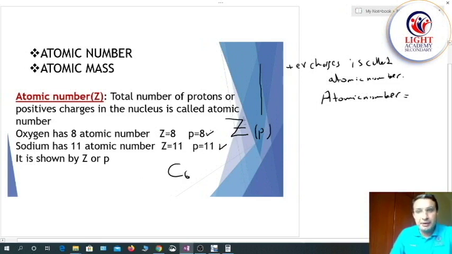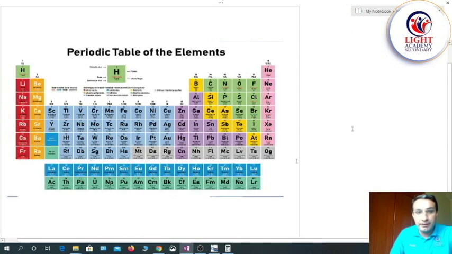Here I have a periodic table I would like to show you. You can see in this periodic table, every atom has an atomic number. For example, atomic number of hydrogen is 1, atomic number of beryllium is 2, atomic number of lithium is 3, atomic number of boron is 5, atomic number of oxygen is 8, atomic number of zinc is 30, atomic number of chlorine 17, atomic number of argon 18.